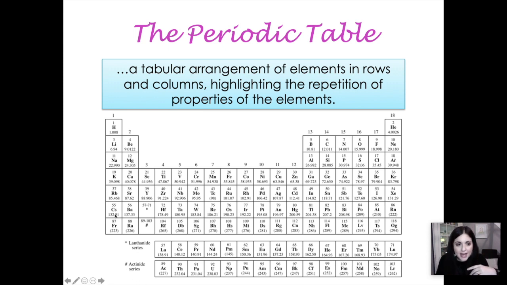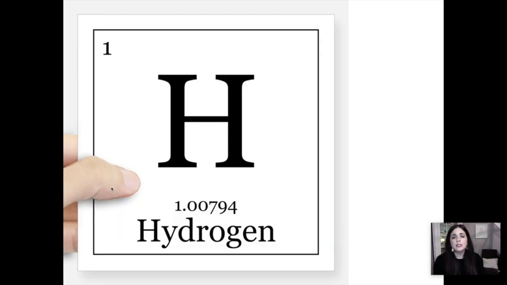And then it goes back to an alkali metal, and the trend repeats until it gets back to a noble gas. And then it goes back to an alkali metal. That's what periodic means. It's a repeating pattern over and over again in order of increasing atomic number.